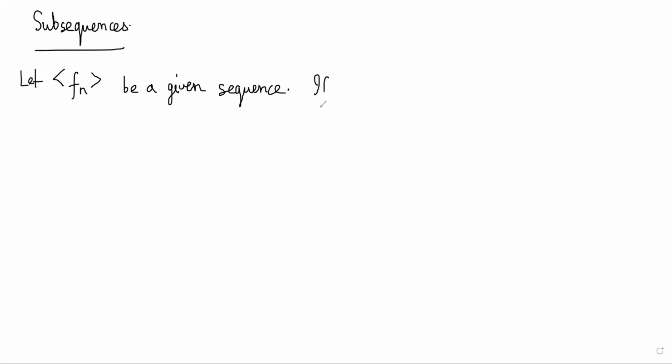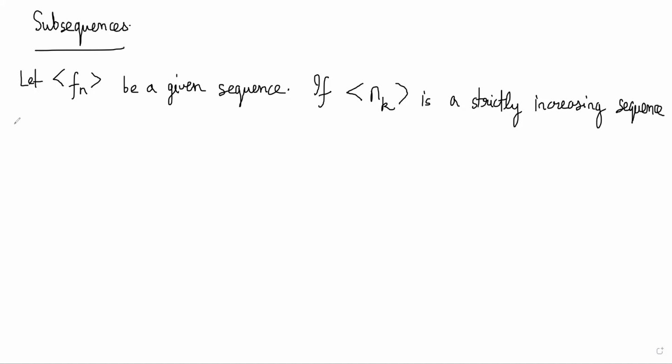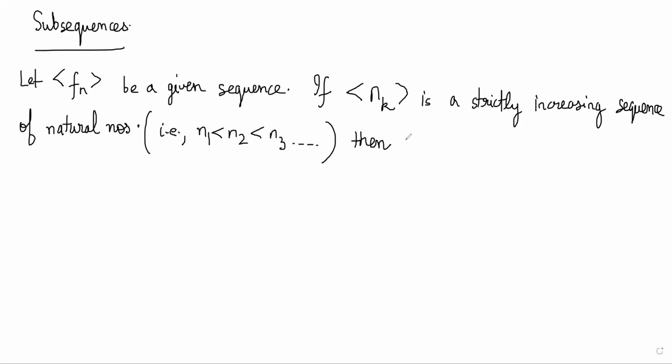If Nk is a strictly increasing sequence of natural numbers, such that basically n1 is less than n2 is less than n3, then f of nk is a subsequence of f of n.